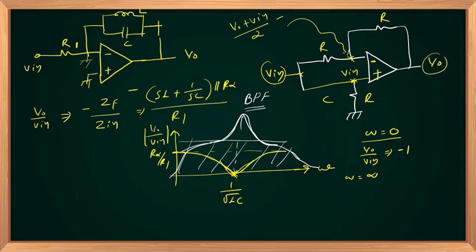That should be equal to V in, since V plus equals V minus. Right? So V out is nothing but twice V in minus V in. So V out is nothing but V in itself. So V out by V in is nothing but plus 1. Right?